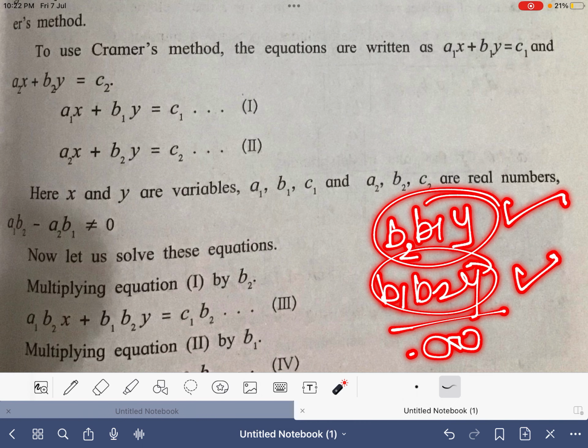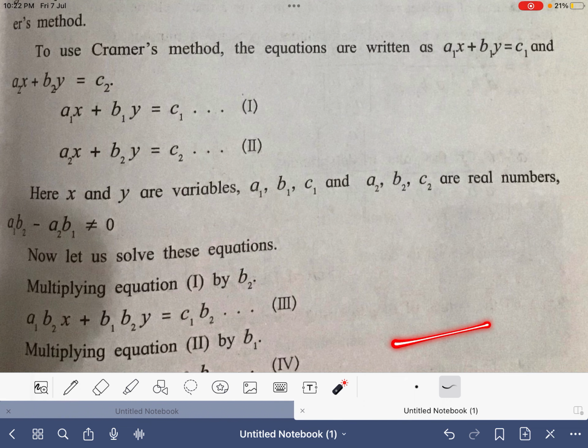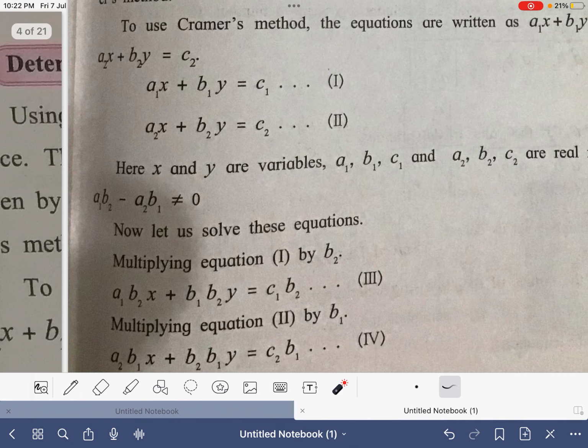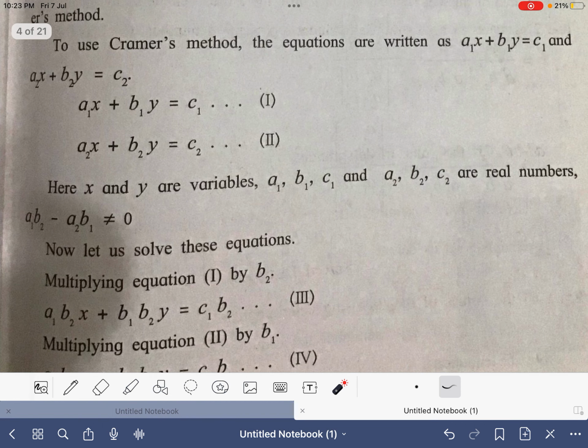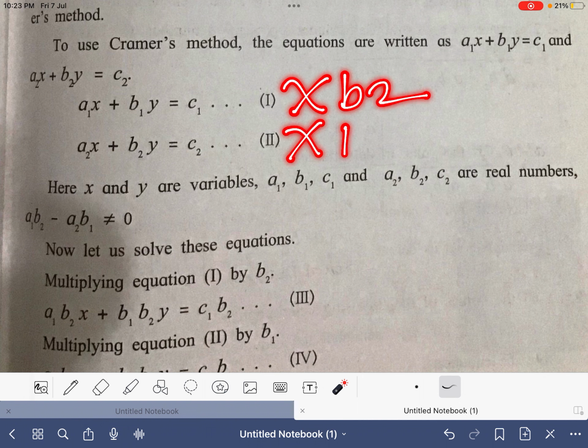Then b1 b2 minus b1 b2 gives 0. So here is b1y and here is b2y. What do we have to do? Multiply the first equation by b2 and multiply the second equation by b1.